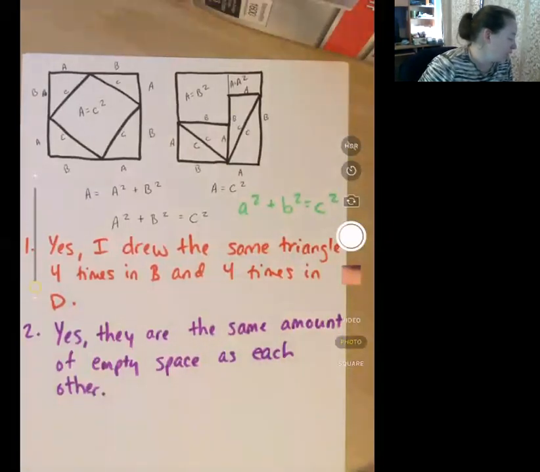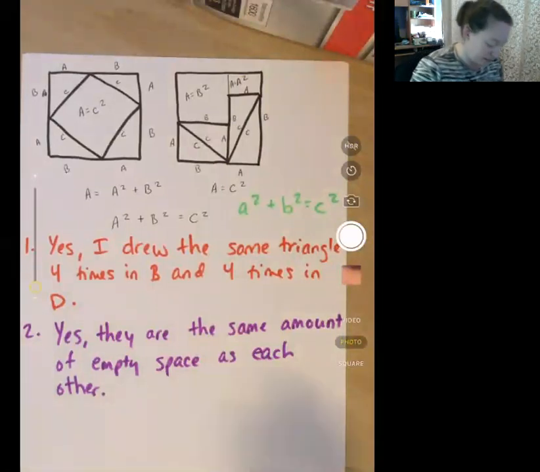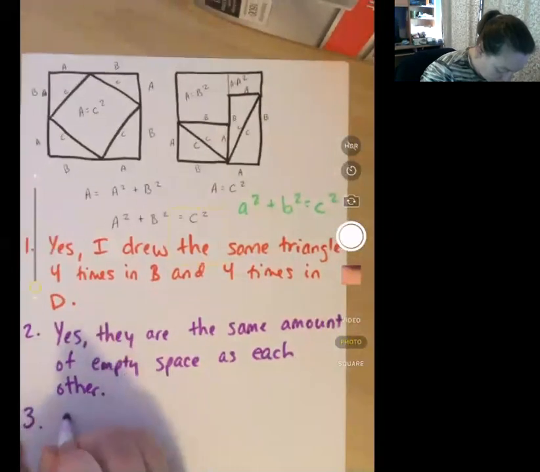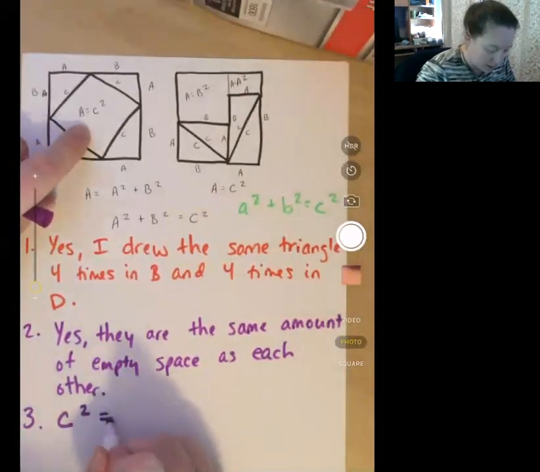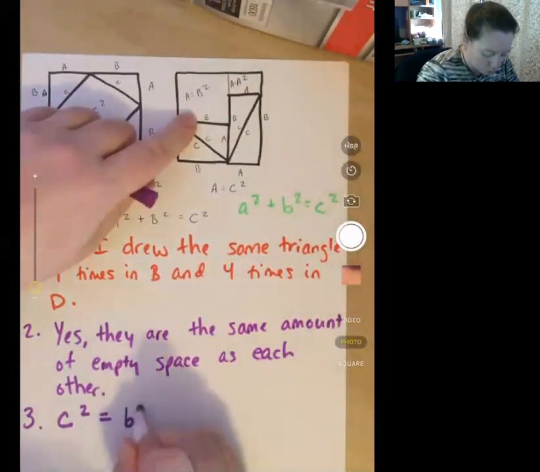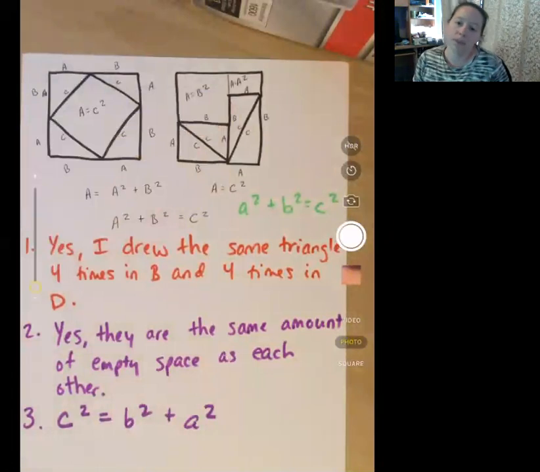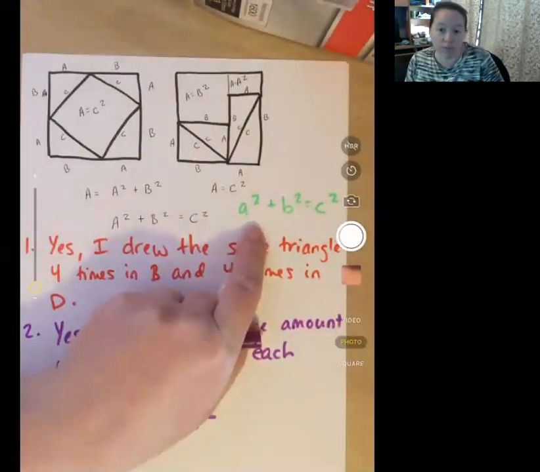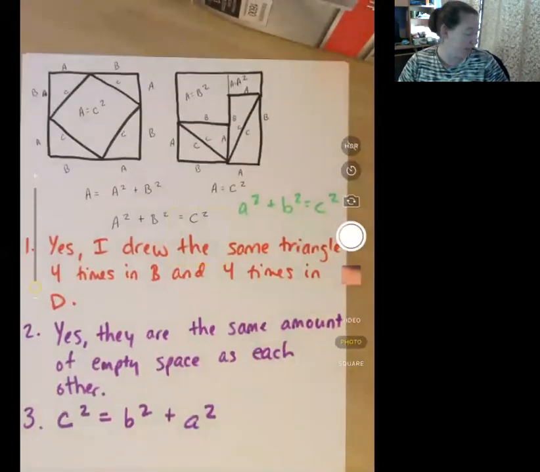Number 3, write an equation relating the area of the unshaded region in step B to the unshaded region in step D. So here they're asking us to go unshaded is c squared is equal to the b squared plus the a squared. Or we can shift it around to a squared plus b squared is equal to c squared, which is what we normally use for the Pythagorean theorem.